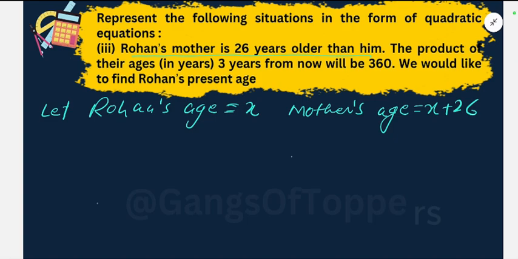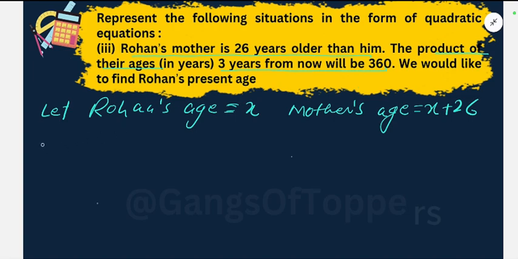Now further it is given the product of their ages 3 years from now will be 360. कह रहा अब से 3 साल बाद दोनों के एज का प्रोडक्ट 360 होगा.